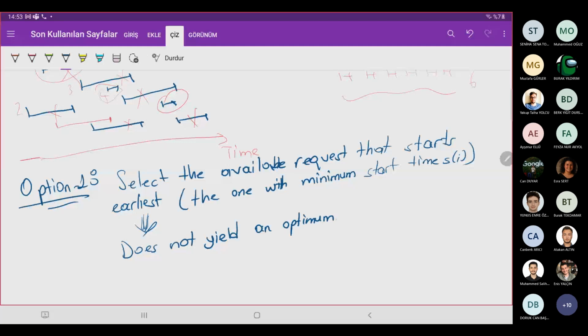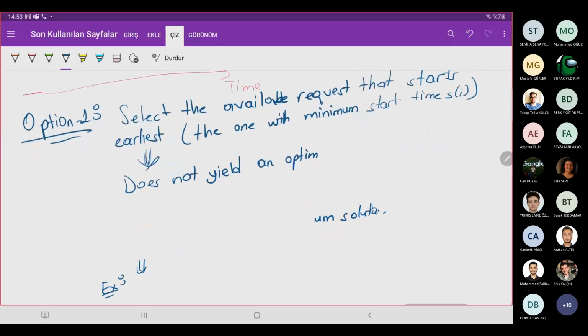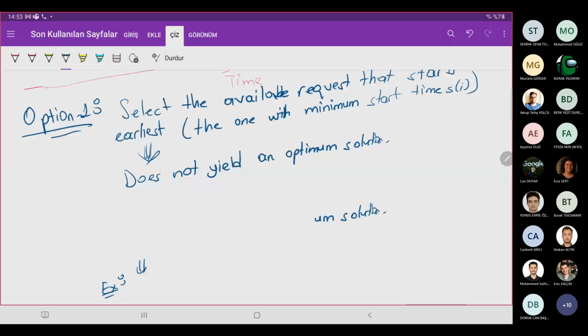So to prove that it does not yield an optimum solution, one counterexample is sufficient, okay? And it's something like this. Let's say you have a class that you have an exam that starts earliest, but it lasts for a very long time.